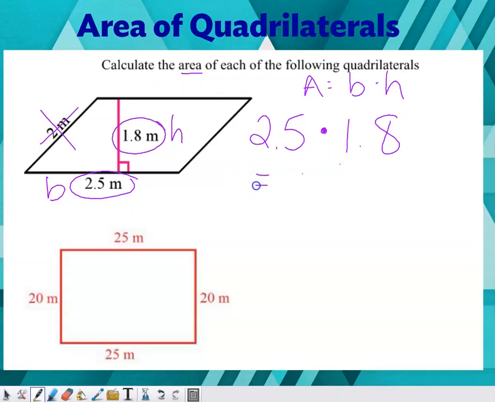my answer is 4.5. And when we put our units, remember we need to say 4.5 what? Meters. And when you're calculating the area, it's squared, which is the exponent of 2.